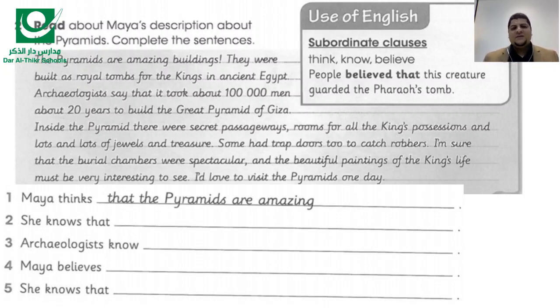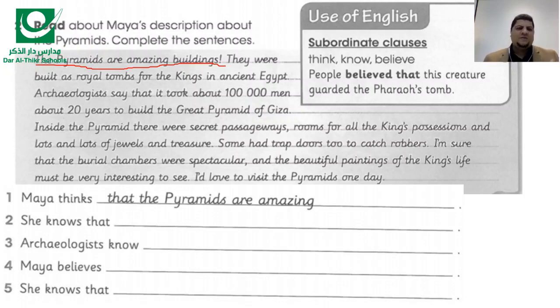So here in 1 we say Maya thinks that the pyramids are amazing. If you look here, it's already written here. The pyramids are amazing buildings. So this is what Maya said. So whenever I tell you that Maya thinks, you are going to write that the pyramids are amazing.